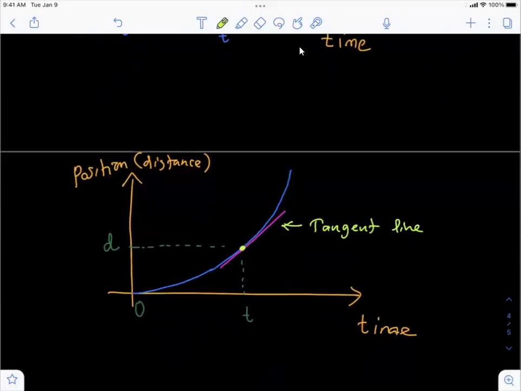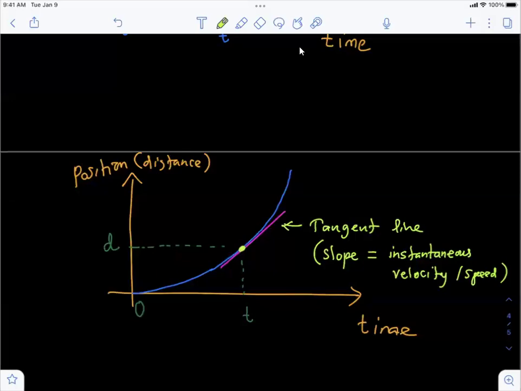However, in this scenario, the slope of this tangent line is going to give us the instantaneous velocity or the speed at that particular moment. And that is the key component behind this. To talk about dynamics of real world objects, we cannot have just average. Now think about, if you do not see the significance or the difference between these two, this is my recommendation.